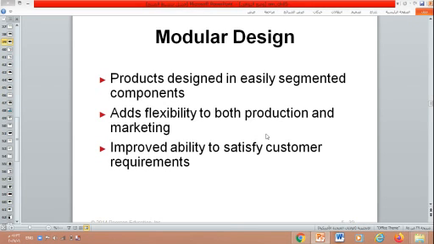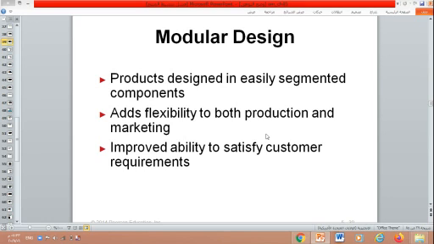It is a design in which parts or components of a product are subdivided into modules that are easily interchanged, replaced, or modified and can be used in other systems.